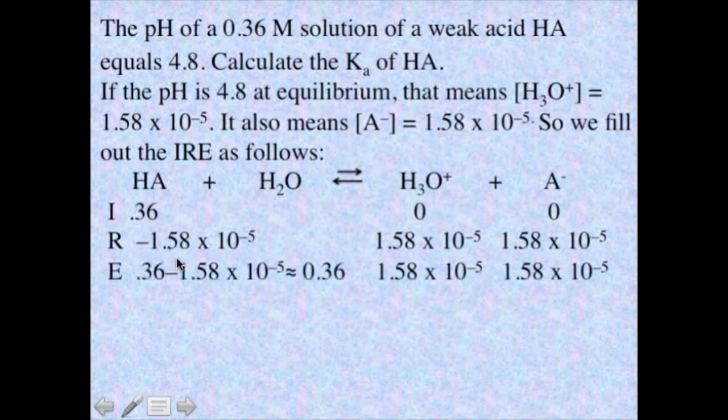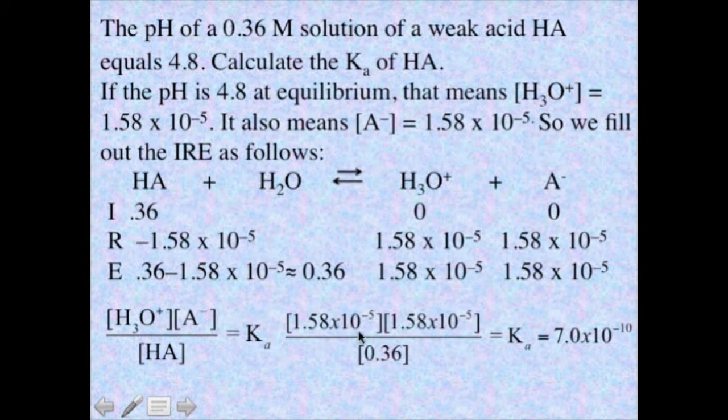And then at equilibrium, we have 0.36 minus 1.58 times 10 to the minus 5, which is, after all, a very small number, and we can ignore it and therefore use the approximate value, 0.36, the starting molarity, for the equilibrium concentration of HA. So take our mass action equation, plug in the values, and we get 7.0 times 10 to the minus 10.